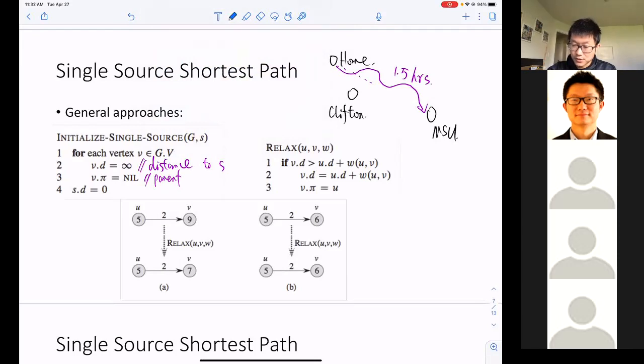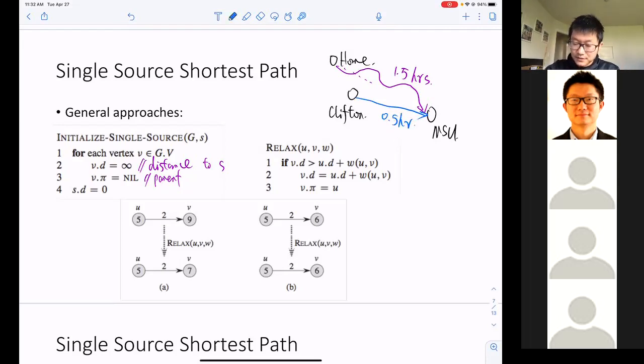Because we know that there is a direct road that connects Clifton to Montclair, and this road only takes you 0.5 hour. So for example, we have road 3 that connects Clifton and Montclair directly. This is just an edge or direct road. And this road takes you around 30 minutes.